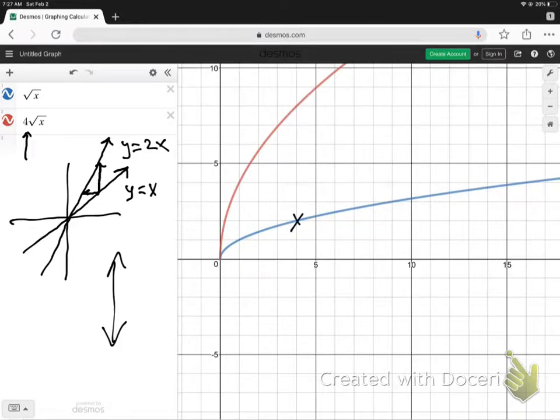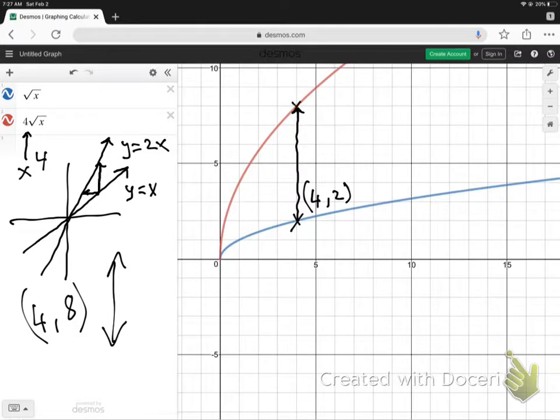So here we go, here again, here's good old (4, 2). If I do it by a factor of 4, I'm just going to multiply the y value by 4. In other words, I should get an answer of (4, 8). Let's have a look. Yes, there it is. That's (4, 8). Okay, so remember, number in front, there. So again, you might see this, 4 f of x.